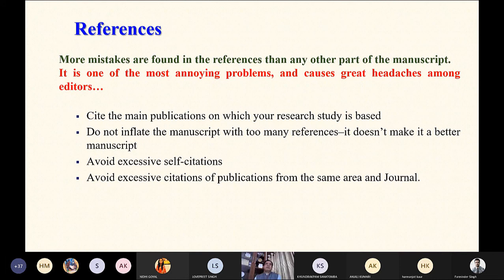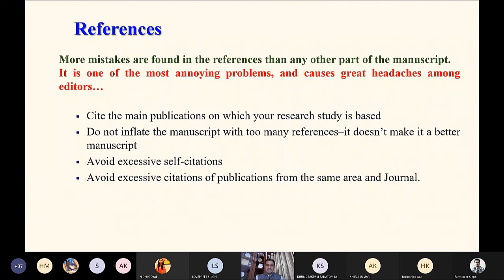Say, for example, if I am conducting research on impulse buying behavior and religiosity, and I keep citing more papers from one specific area, for example only offline impulse buying behavior, that will make our paper weak, by having excessive citation from the same area and even from the same research journal.